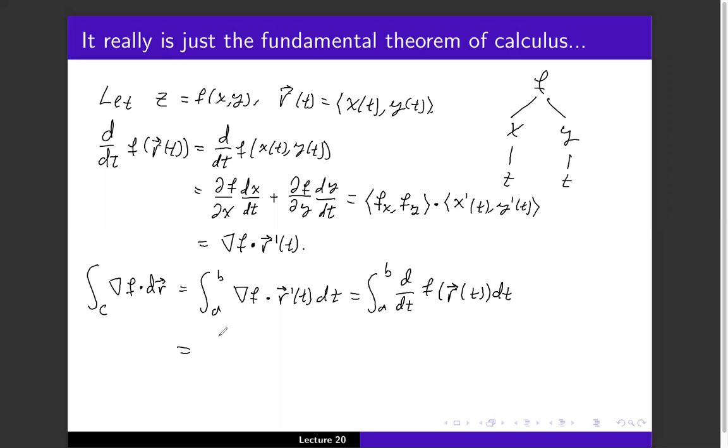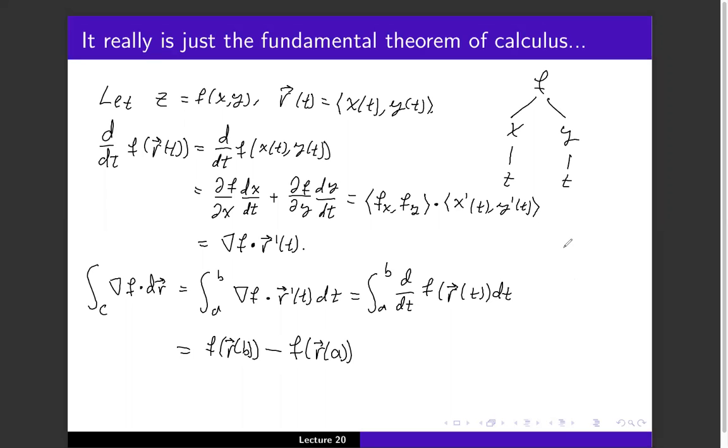And that really just is the regular fundamental theorem of calculus. We just looked at this just 2 seconds ago. This is f(r(b)) minus f(r(a)).